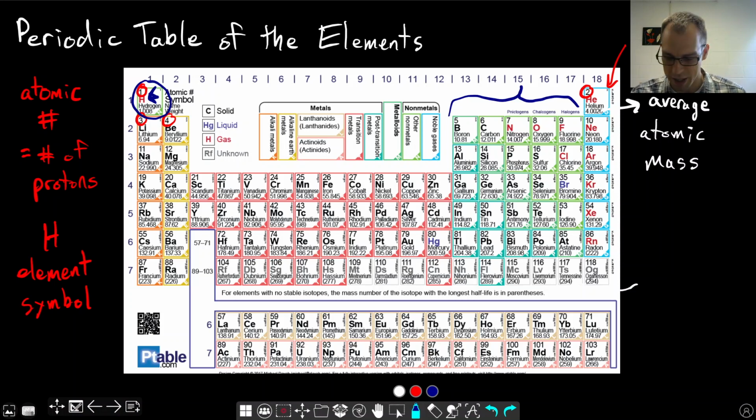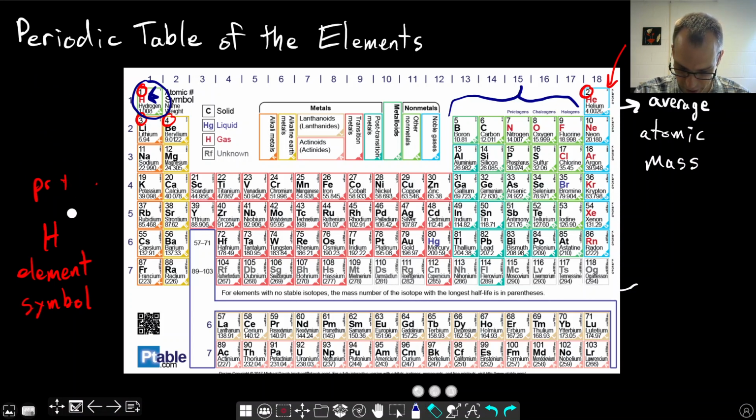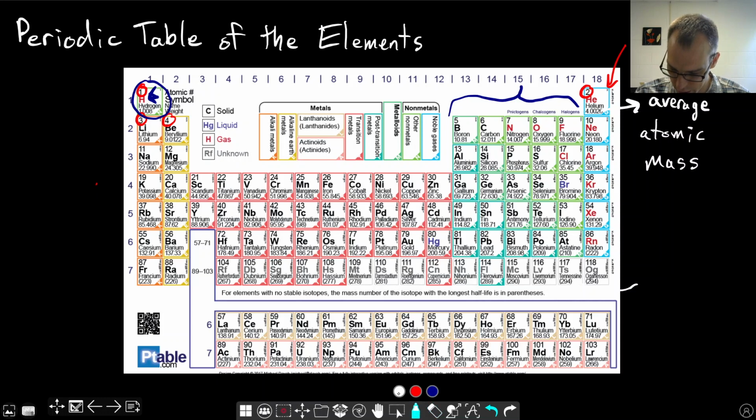Other ways that the periodic table is organized is we have these rows. We call them periods. All right, let me just make some space over here and not delete the whole periodic table like I did earlier. But we have some space over here. So each row is called a period.